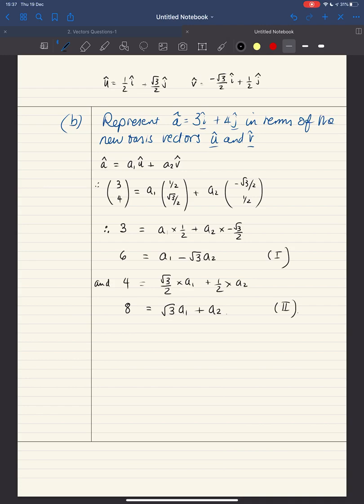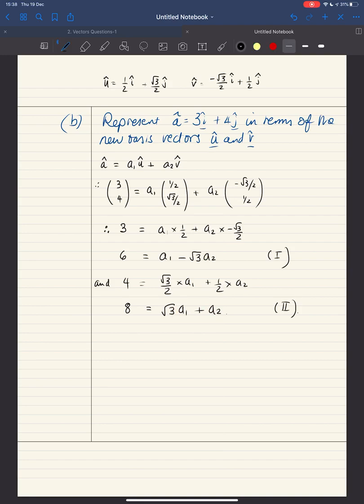So what we can do now, to get a1, we have minus root 3 a2 there, plus a2 there. So if we multiply all of these by root 3, we'll be able to simplify and get an equation for a1.